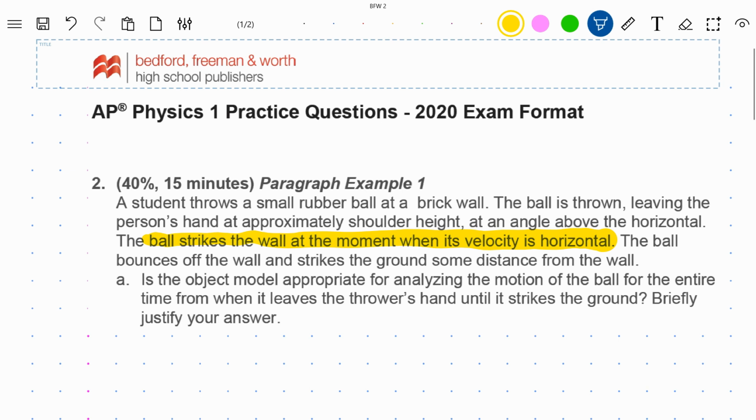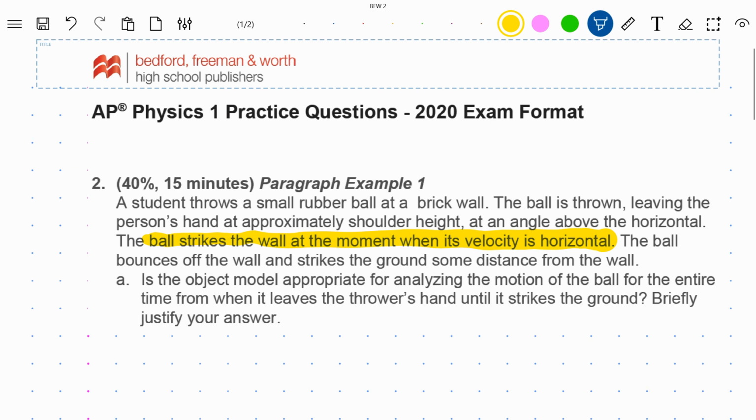So if it hadn't hit the brick wall, it would have just continued past that point, but would have been starting to come back down. Now, we're told that the ball bounces off of the wall and strikes the ground some distance from the wall. Okay, so that's a bit vague, but fine.